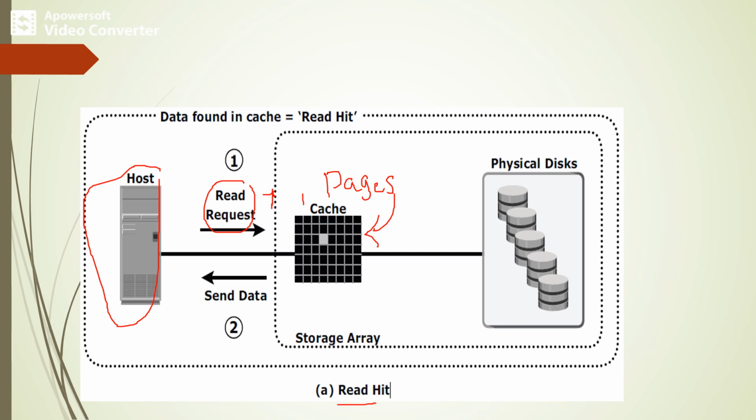The cache consists of the pages which were requested by the host. At that instant, the cache will transmit the data directly to the host. That is called a read hit. A successful read operation, also called a read hit, means the requested data is found in the cache.